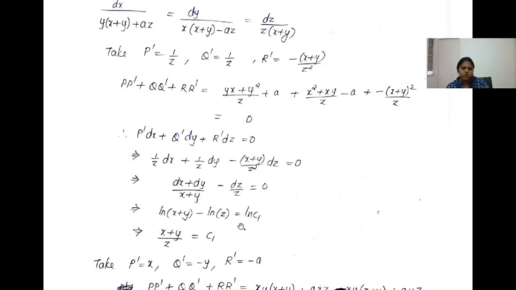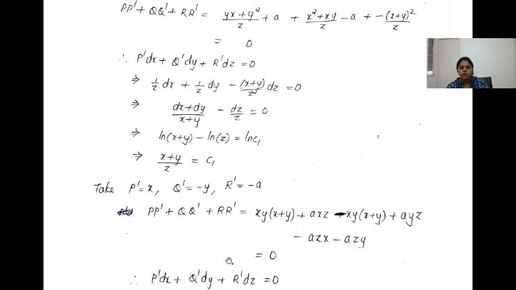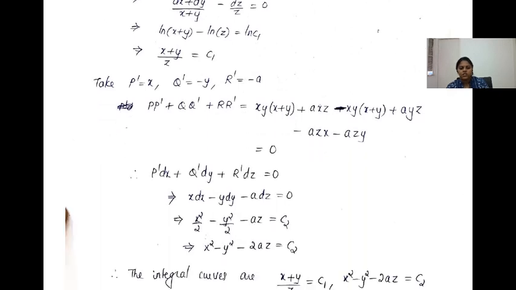Take exponential on both sides, so that gives you the first solution, x plus y by z equal to c1. Similarly, you choose a second set of multipliers, x, minus y and minus a. Again, you can see that the sum pp dash plus qq dash plus rr dash is equal to 0. So that gives the second solution.